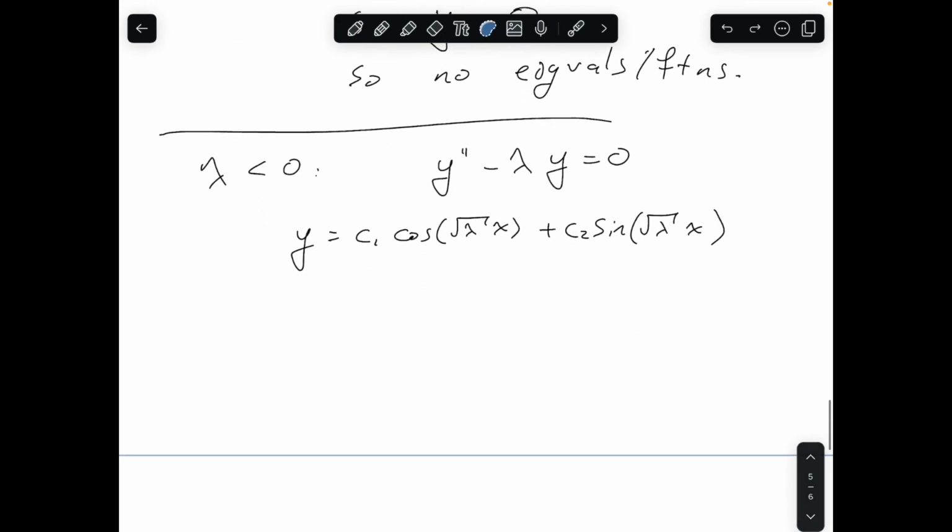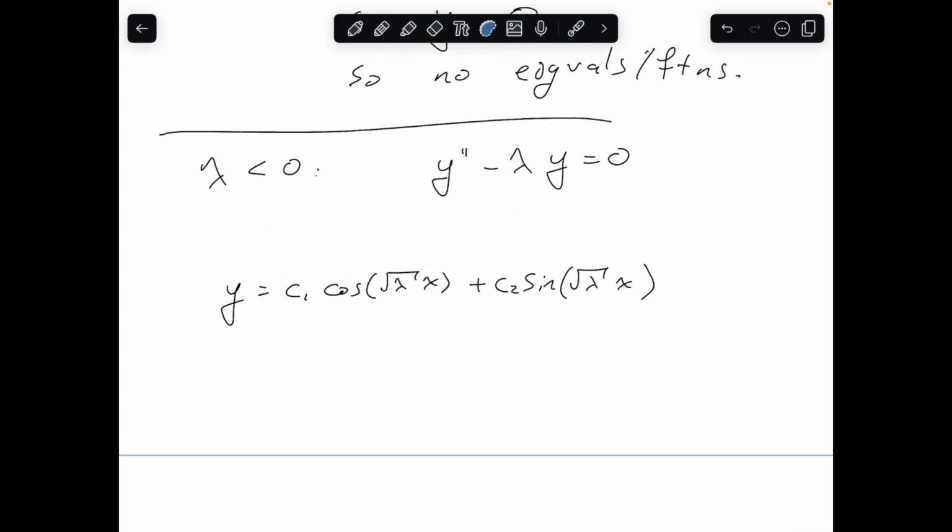And why does the negative disappear here? Well, your characteristic equation, sorry, that should have been plus. I don't know why I had a minus there. But the characteristic equation is m squared plus lambda equals 0, m equals plus minus square root of negative lambda. And if lambda is a negative value, then you can write this as i times the square root of lambda, just positive lambda, right?